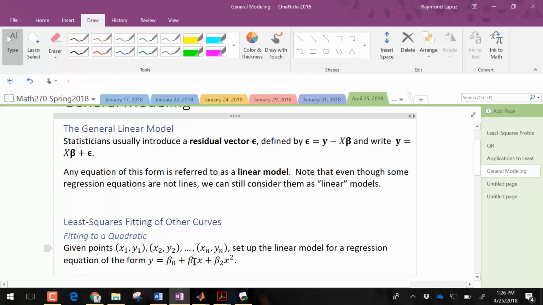So let's take a look at a quadratic model where the equation that you want now, instead of beta sub 0 plus beta sub 1 x, instead of a plus bx, we have a quadratic. So now we have three parameters, b sub 0, b sub 1 times x, and b sub 2 times x squared.